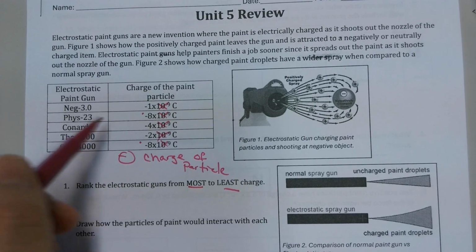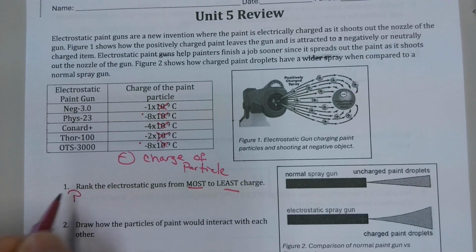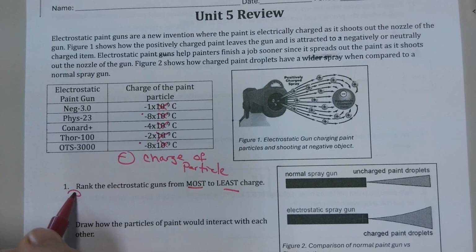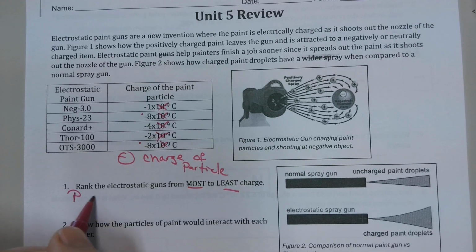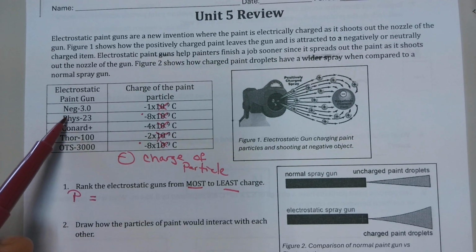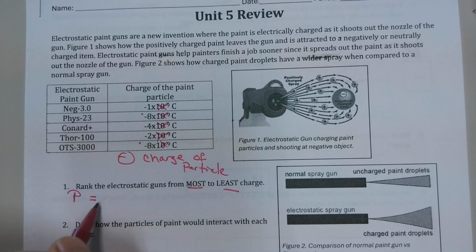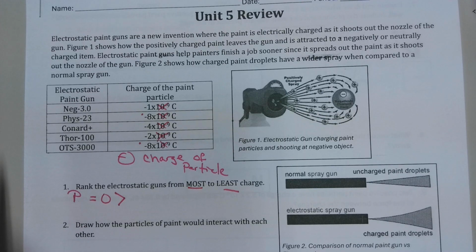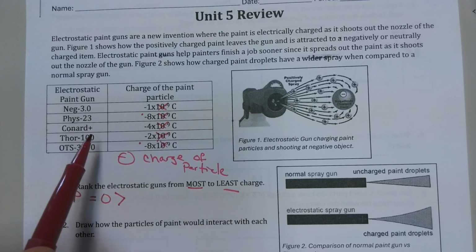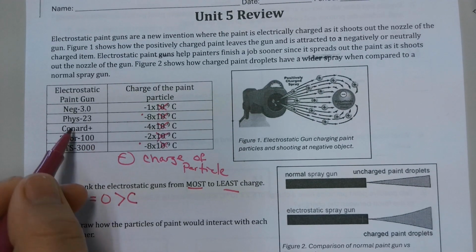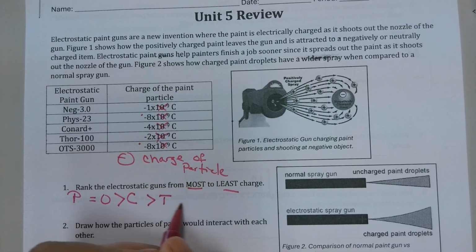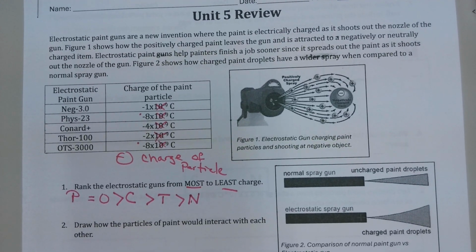So negative 8s, the first letter of each name works: Physics, P, C. Physics is negative 8, which is equal to the FIS 23 and the OTS 3000, which are the greatest of the bunch, followed by 4, which is the Conard Plus, followed by the 2, which is the Thor 100, followed by the NEG 3.0.